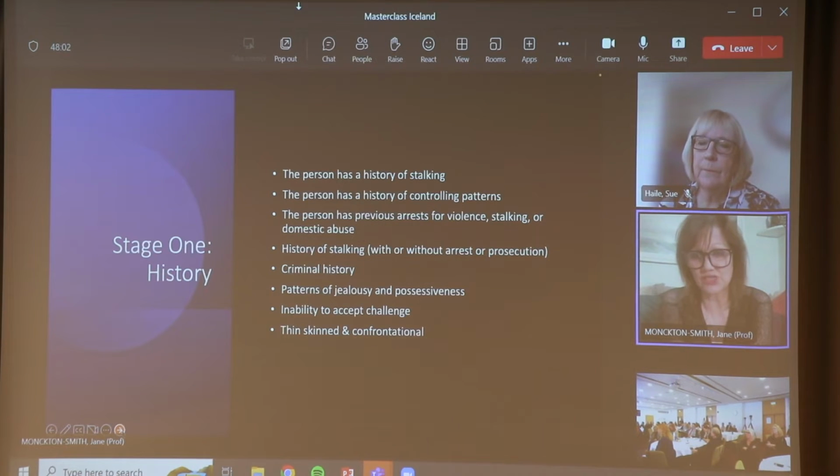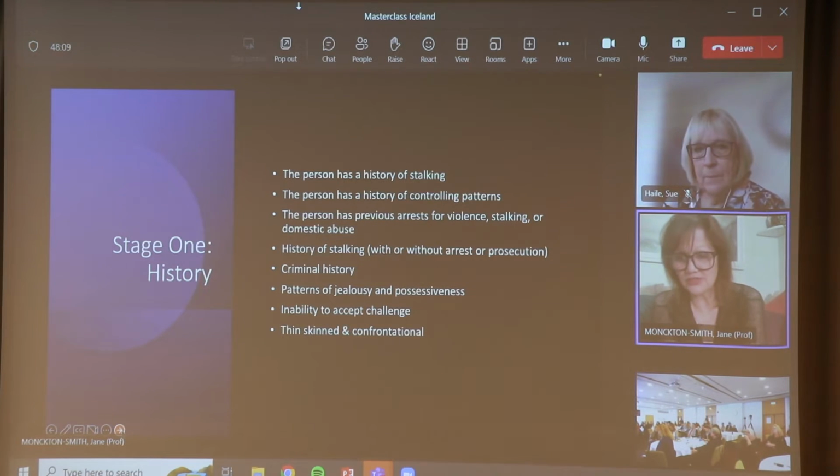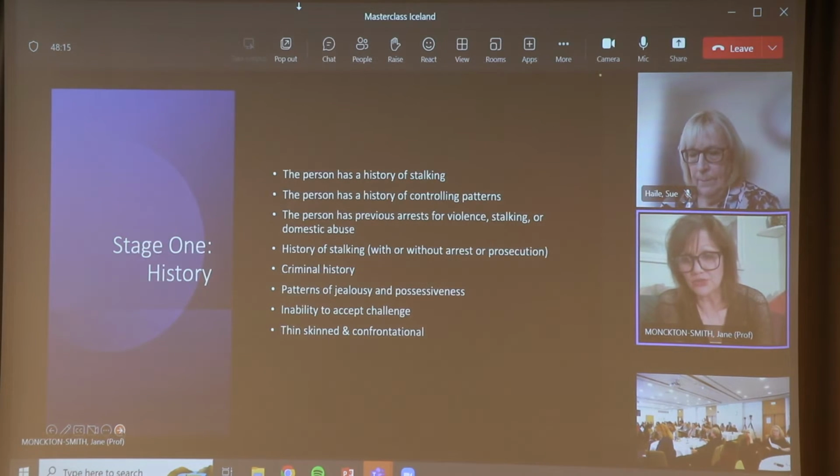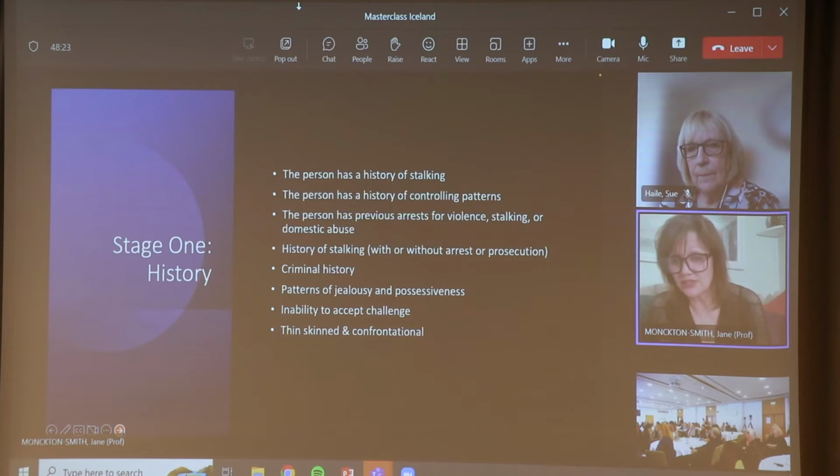The research is telling us that if violence is a controlling person's go-to way of dealing with their issues, they will probably use violence in the relationship if they're happy to use it outside of the relationship.